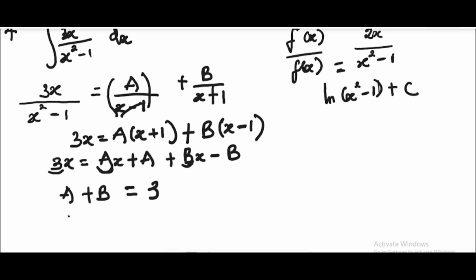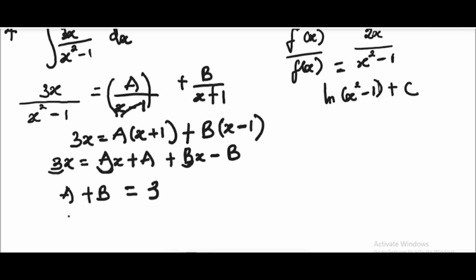If we collect like terms, we will have b equal to 3 minus 3 over 2. So 3 over 2 plus 3 over 2 will give us 3. That means b is also 3 over 2, right? So a and b have the same value.